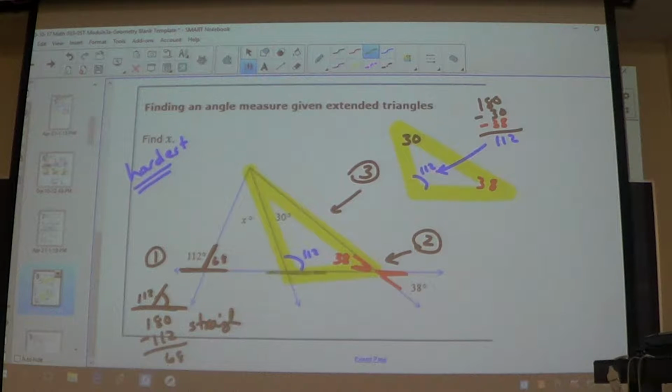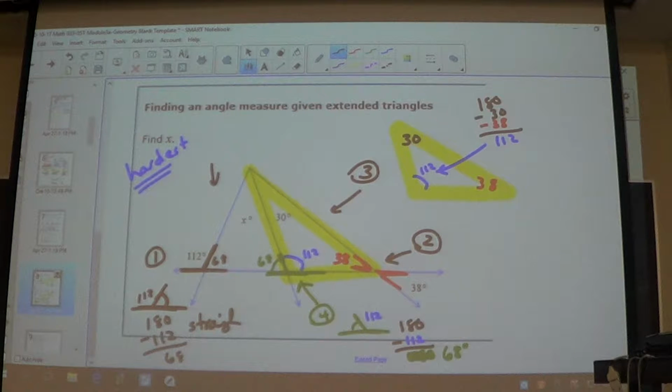Then I'm going to come here to problem number 4. That gives me a 112. So 180 minus the 112 gives me a 68. So 68 is here.